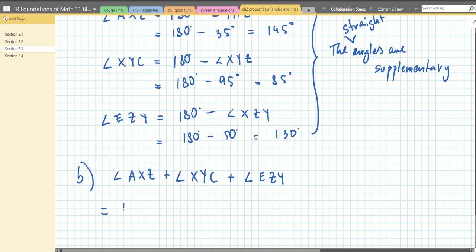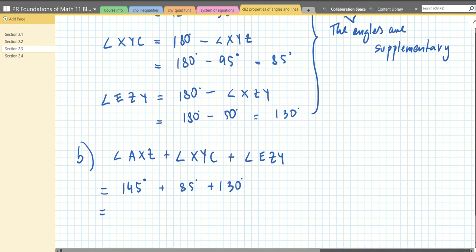So we have 145 plus 85 plus 130, and this adds up to 360.